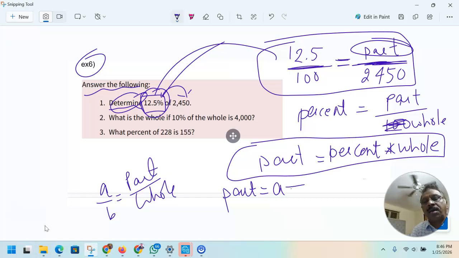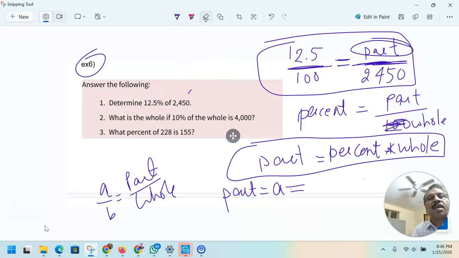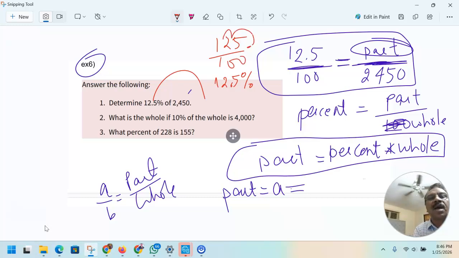So your answer, part, is the percent you're given, so 12.5%. And the moment you see this 12.5%, you have to write it as a decimal. So move the decimal two places to the right. 12.5% means it is 12.5 over 100, so you move the decimal, it goes 1, 2.